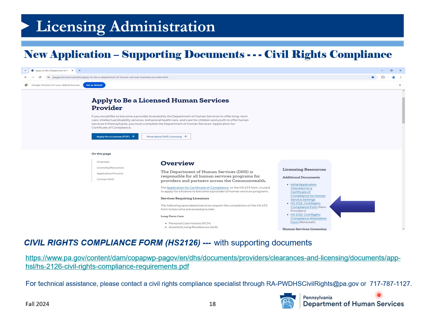If you call the telephone number, once you are connected, select the number 2 and then select the number 6 to speak with a civil rights compliance specialist.